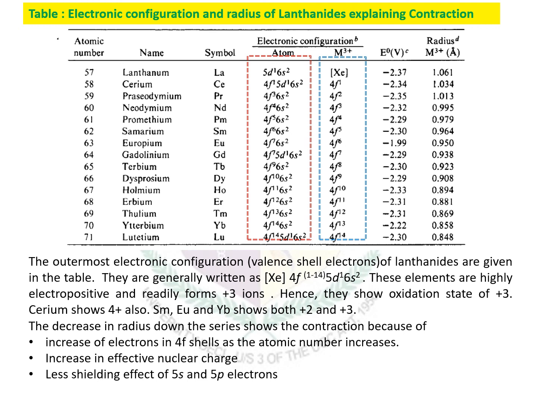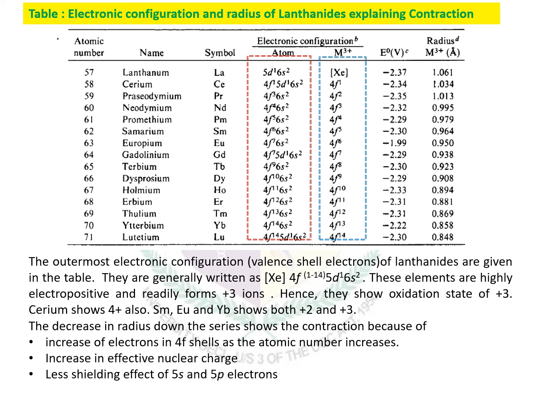The oxidation state of these atoms will be mostly +3 because they are highly electropositive and they can readily form +3 ions. Cerium shows 4+ also, whereas samarium, europium and ytterbium show +2 as well as +3.